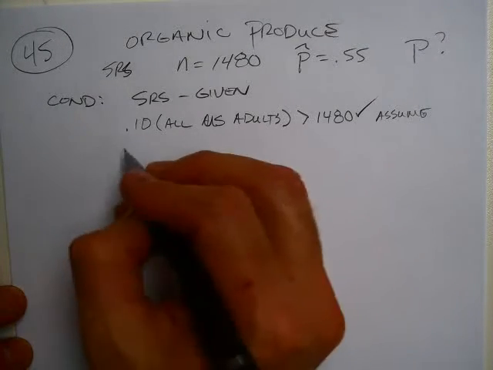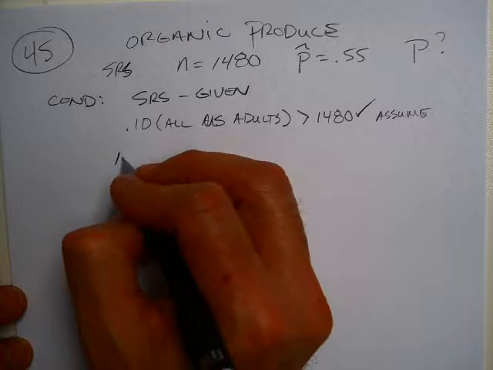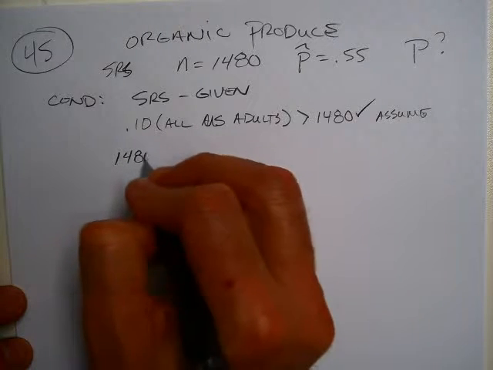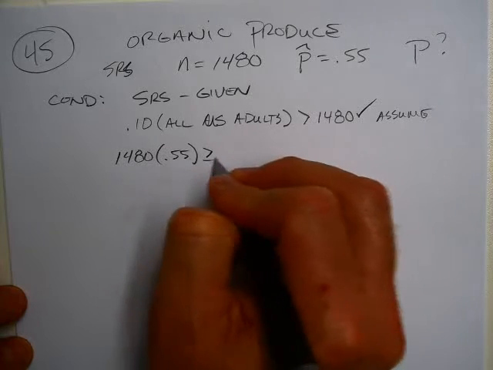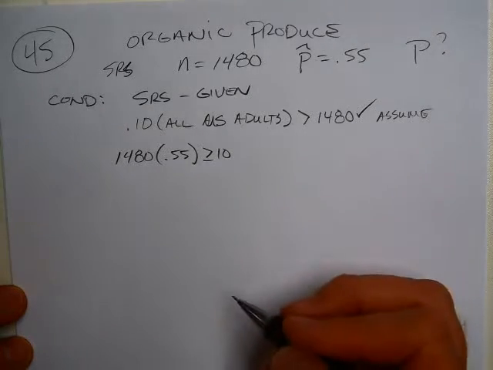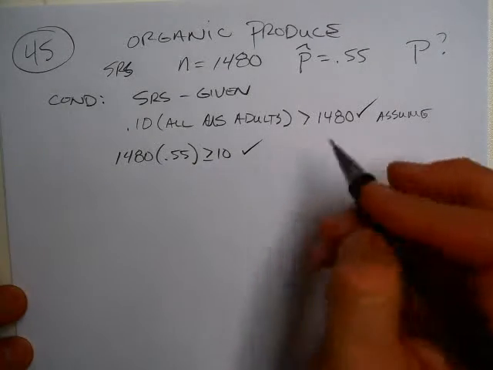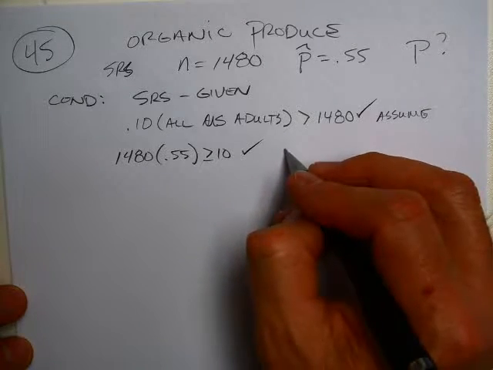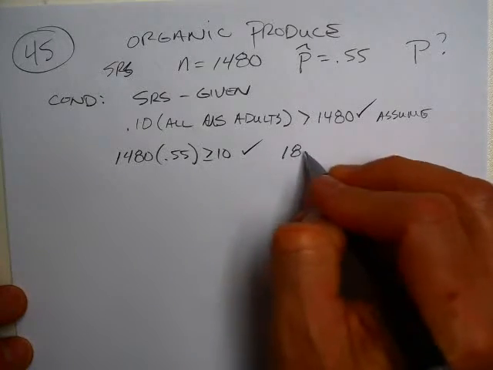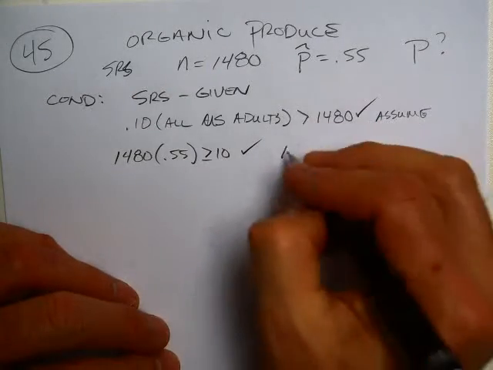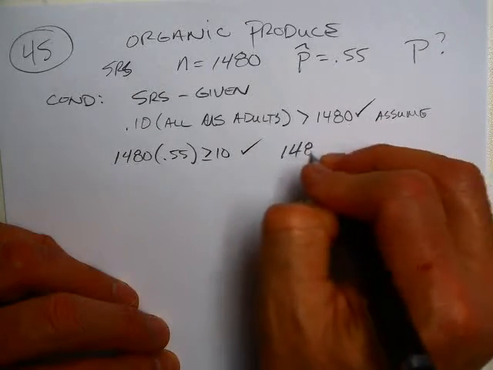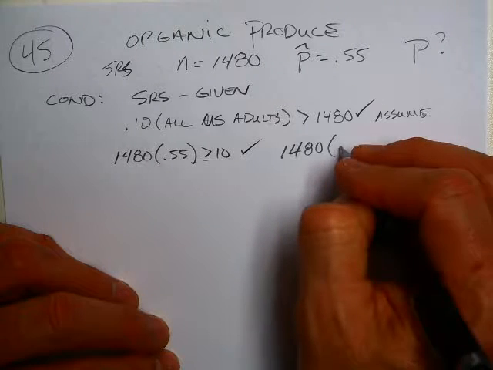And n times p-hat, 1480 times 0.55. Is that going to be greater than or equal to 10, you think? Yeah. You don't need to do the math for me there. But I do think you need to put the numbers in there. 1480. If the math is close, though, do the math.